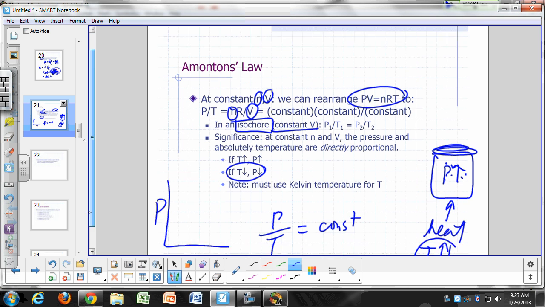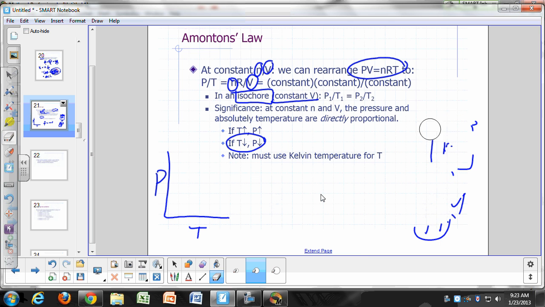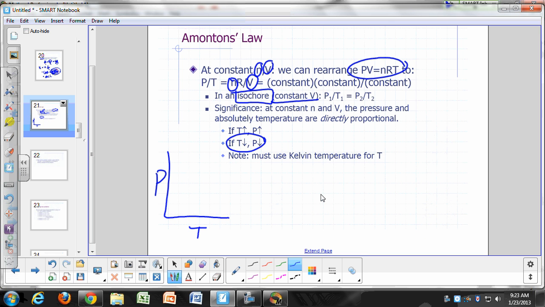What would this plot look like? If I were to plot pressure versus temperature, what would I get? Let's rearrange this equation. Pressure equals nRT over V, right? So you're dealing with an isochore, fixed amount of gas.